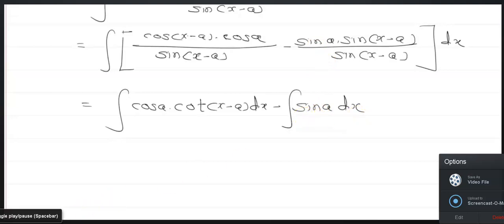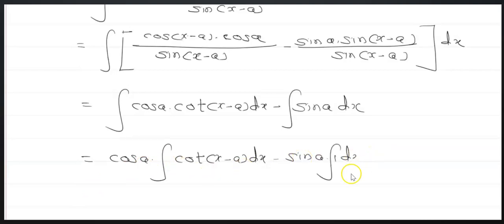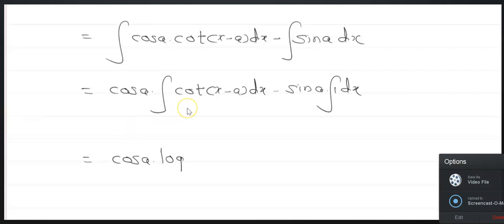Now integrate this. The integral of cot of (x − a): cos a is a constant, so cos a times the integral of cot of (x − a) dx, minus sin a, which is again a constant, times the integral of dx. The integral of cot is log of sin of (x − a), and the integral of 1 is x.